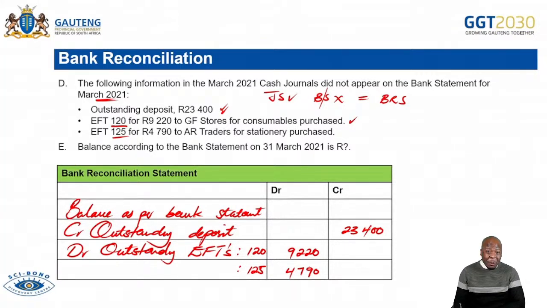So at this moment, I have recorded my information D. You will see by now that we are only left with one piece of information, that is information E. Information E says the balance according to the bank statement on the 31st of March is, and we must calculate that one. So that is what we want to do now. Since we have no more information, we start closing up our journals now.